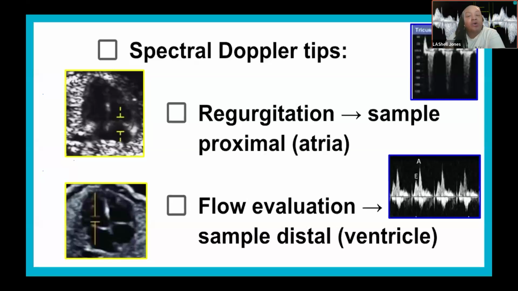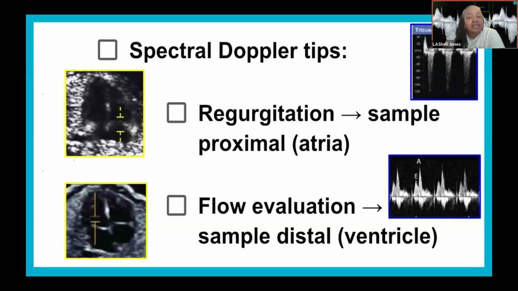All right. Now, where you place your pulse sample gate matters with what you're assessing. When you're assessing for regurgitation, you want to place that gate proximal in the atrium, which you can see in the example here showing regurgitation.